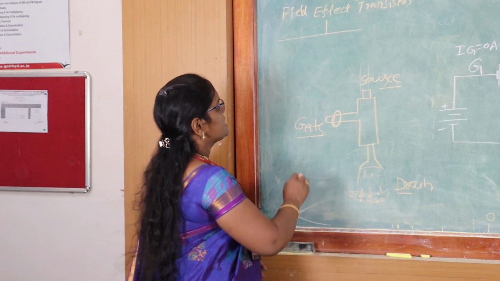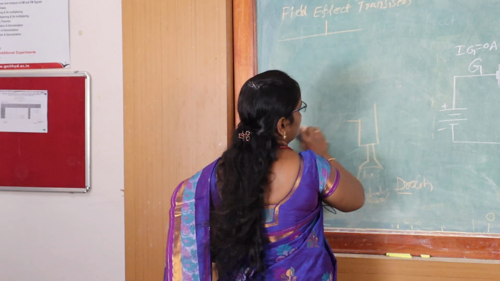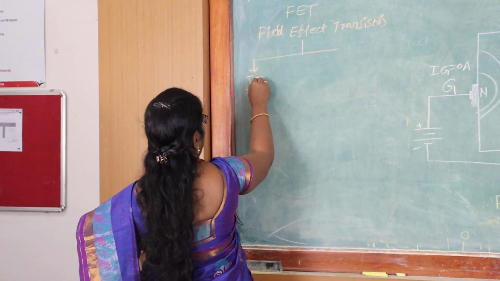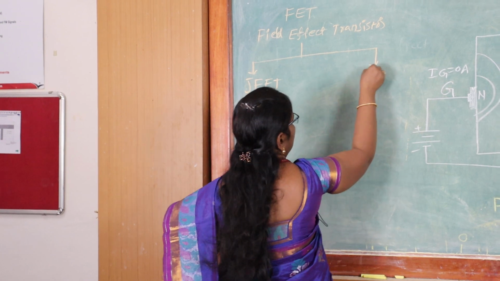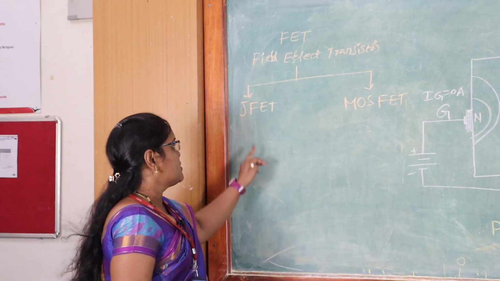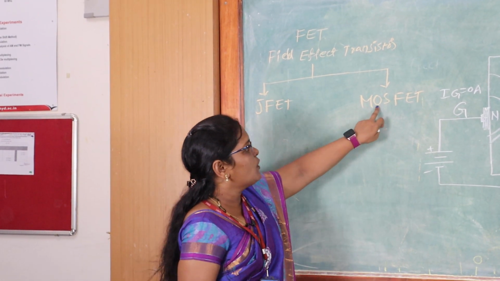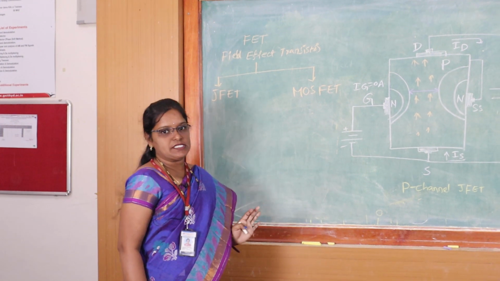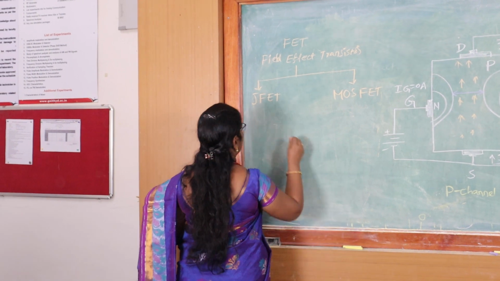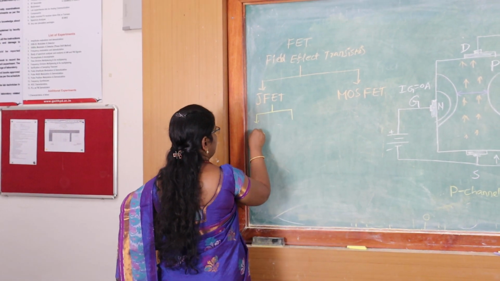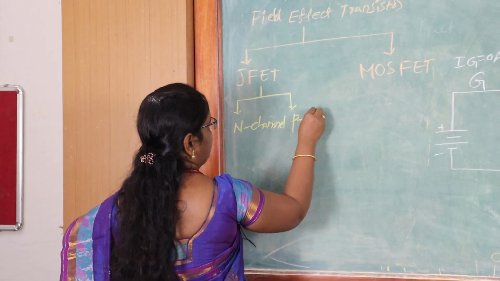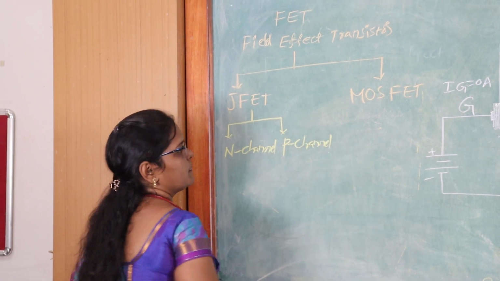Field effect transistors are of two types: junction field effect transistors and metal oxide semiconductor field effect transistors. The junction field effect transistors are also of two types: N channel JFET and P channel JFET.